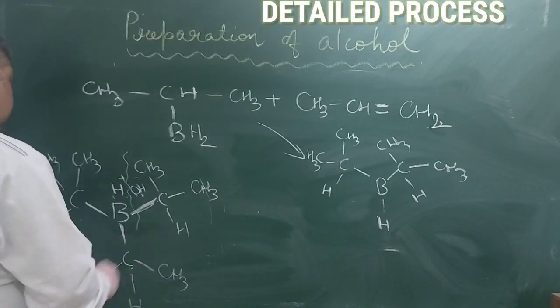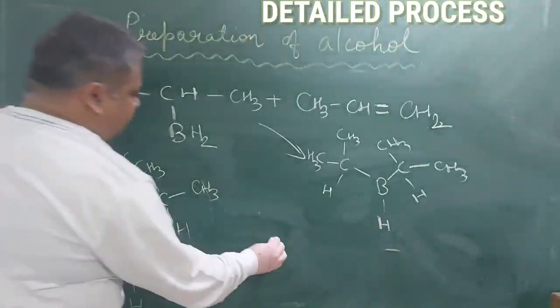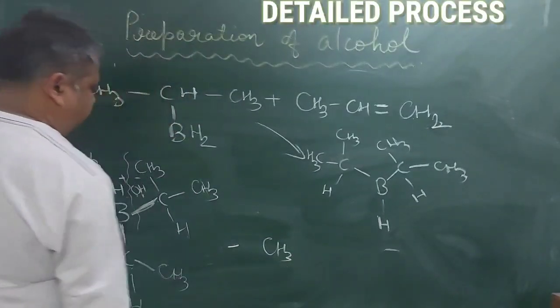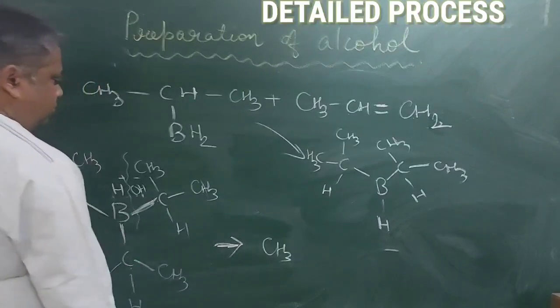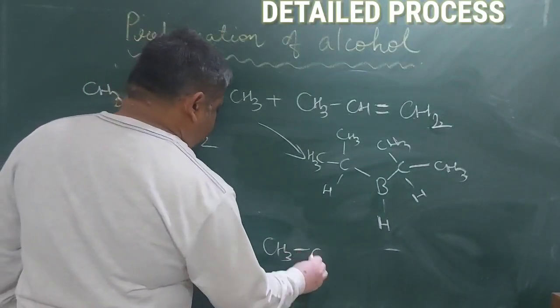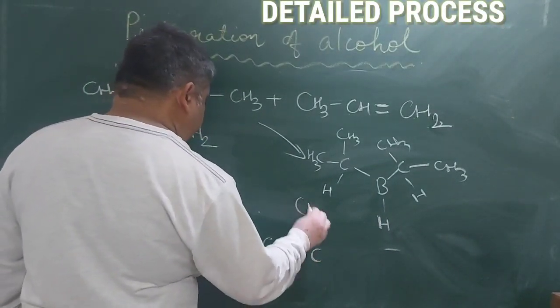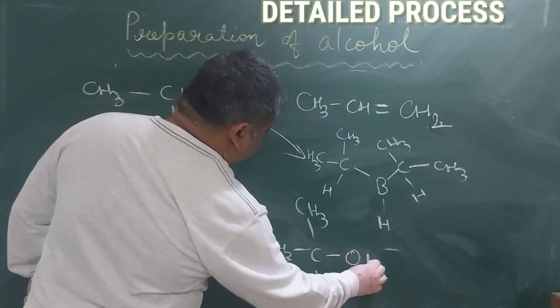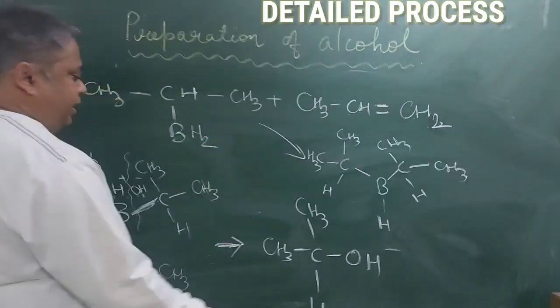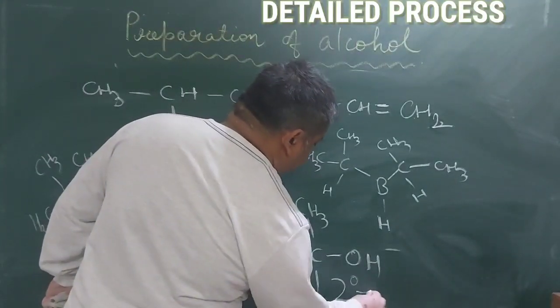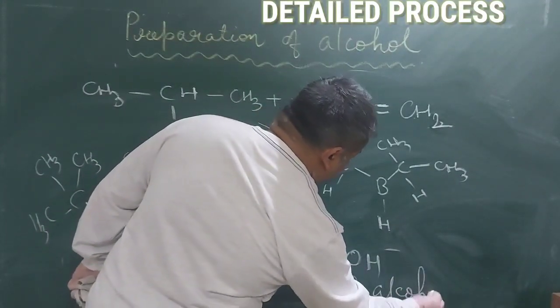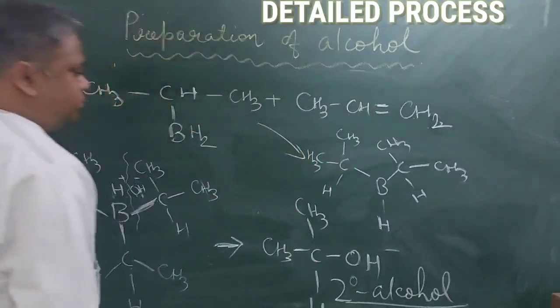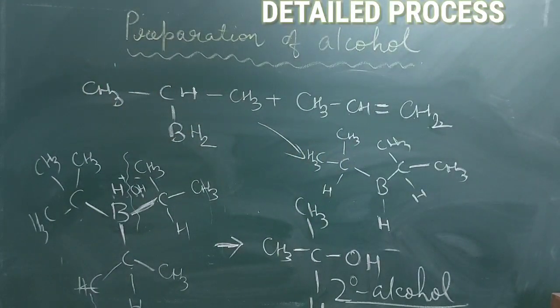So each of these will break and will form CH3, C, CH3, H, OH. So it will form a secondary alcohol. With this reaction, we can form secondary alcohol.